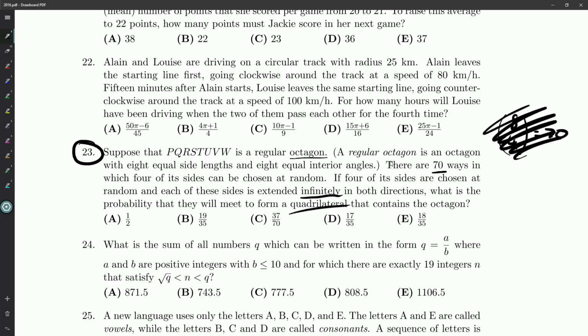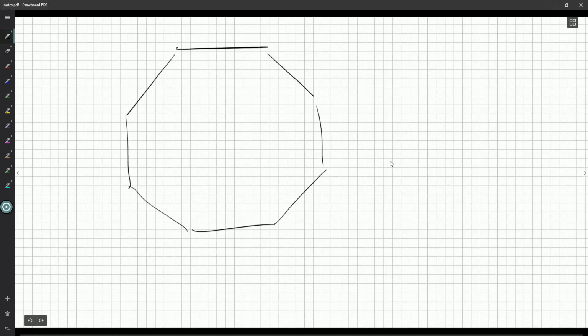Let's sort of explore what they mean. Let's draw an octagon here. Oh, that would be a hexagon I'm starting to draw. I wonder how this question would be different if it was a hexagon. Okay, so let's pick 4 sides at random.